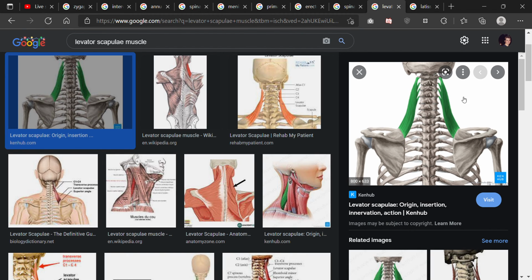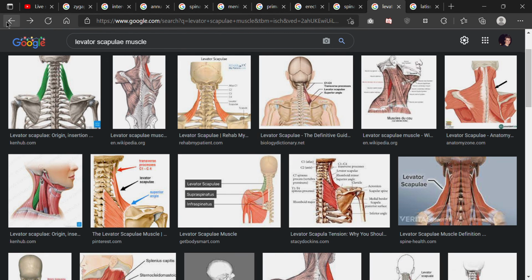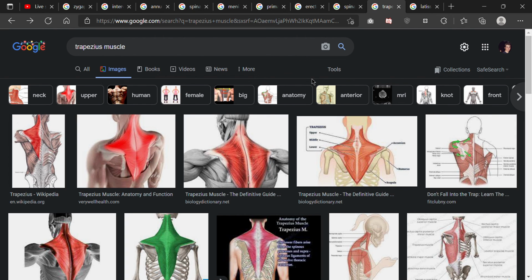Look at this, it attaches onto the scapula, not on the spine of the scapula, but onto the scapula here, and the fibers go up. That's what you're training when you shrug. Your trapezius is a supporting muscle, but I don't think it is the agonist.